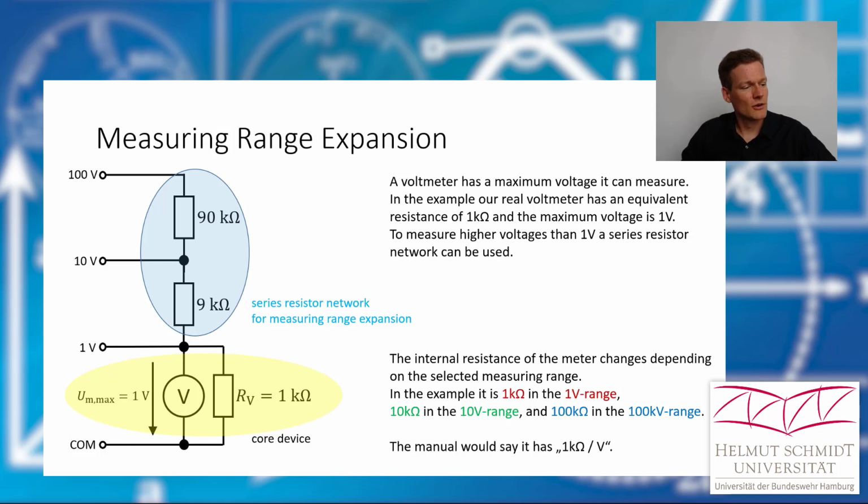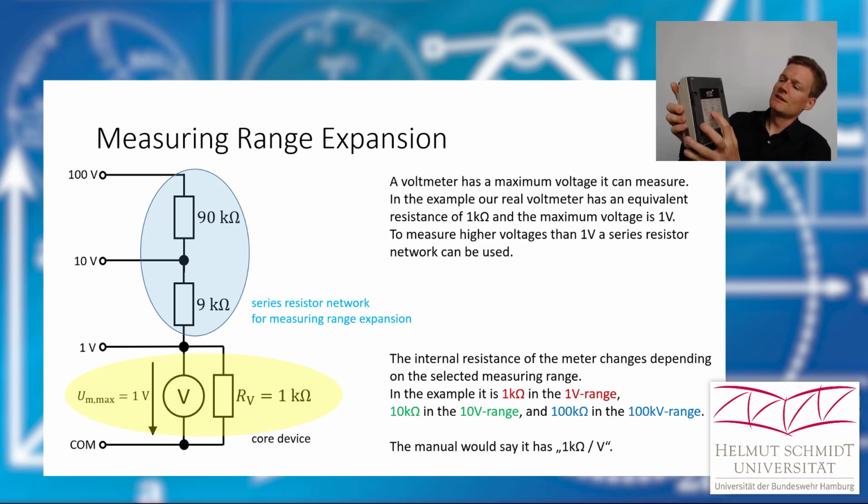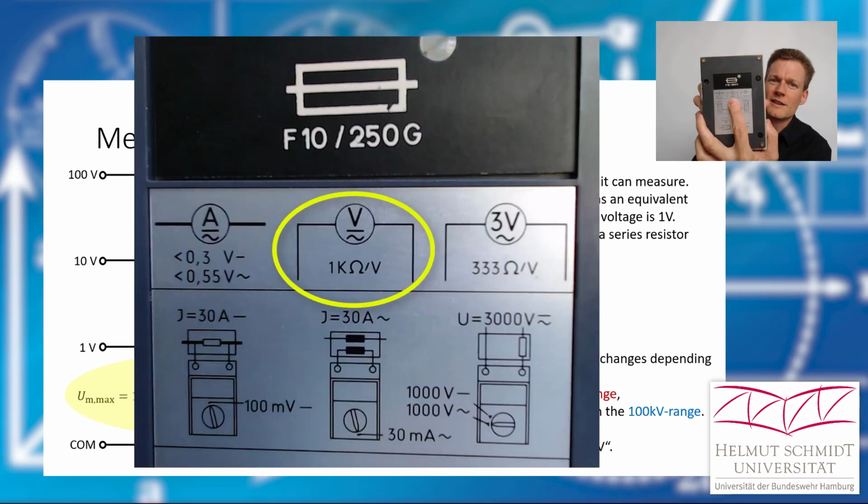And therefore, you know, for this device here, when you have 1 volt measurement range, it has 1 kilo ohm inner resistance, 3 volt has 3 kilo ohm inner resistance, and so on. And I'm not sure if you can see it. On its back it says it has 1 kilo ohm per volt.